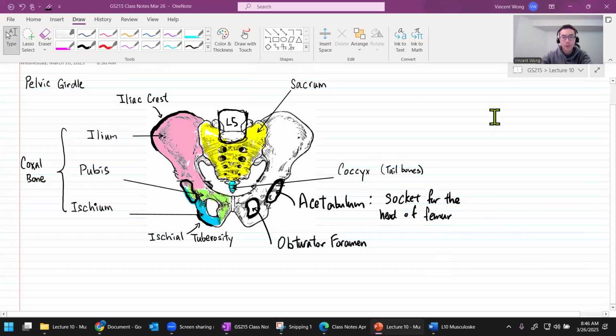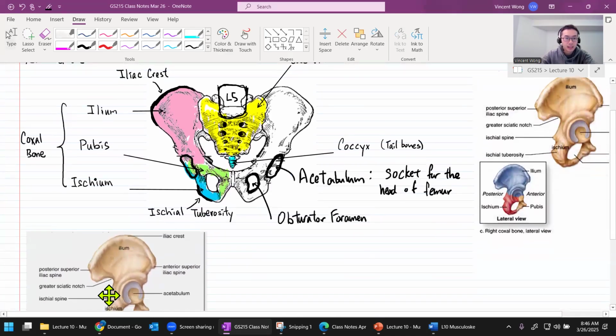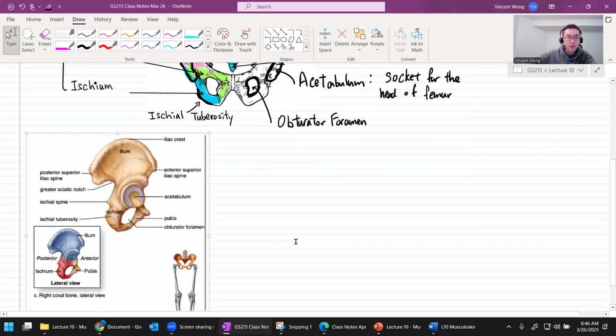Now, this is in the PowerPoint, and I just want to put it here for comparison. This is a side view of the coxal bone. There are some landmarks that we didn't talk about. I'm just going to cross them out.